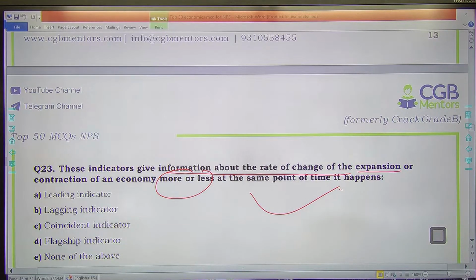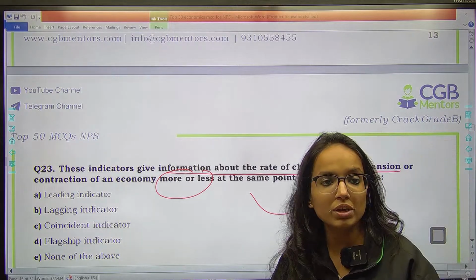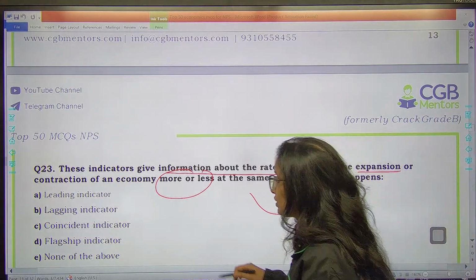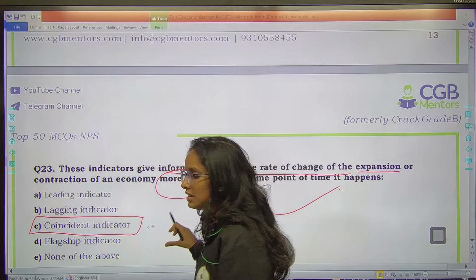Which kind of indicators do we call them? So at the same time, they give you information about the ongoing business cycle simultaneously. So that is coincident indicator, right?